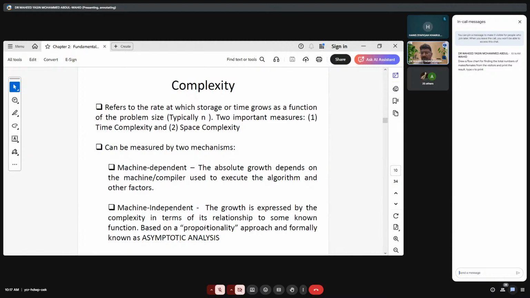Please, I will give you 5 minutes to solve this before I continue.